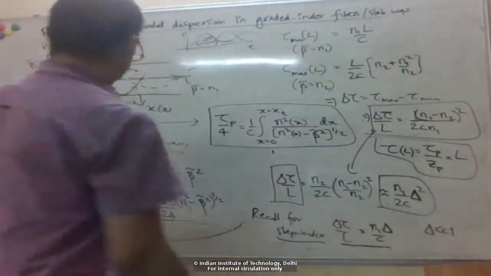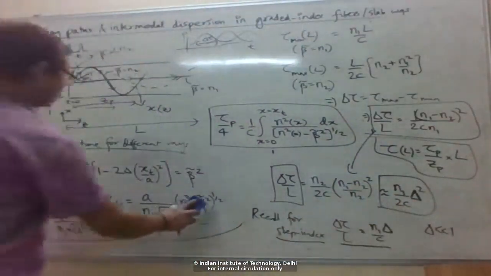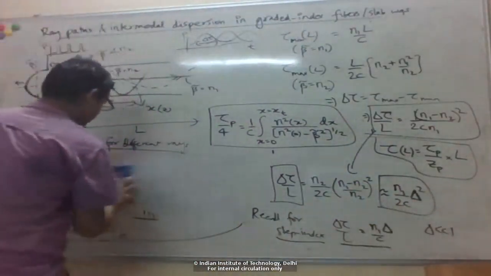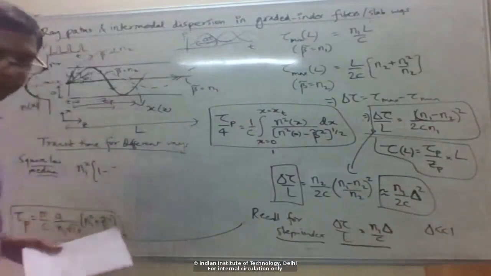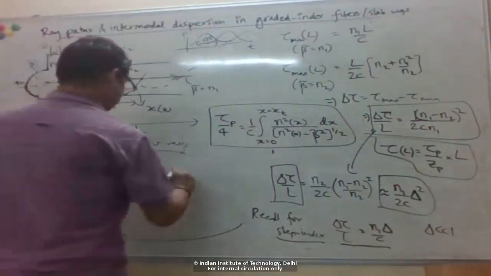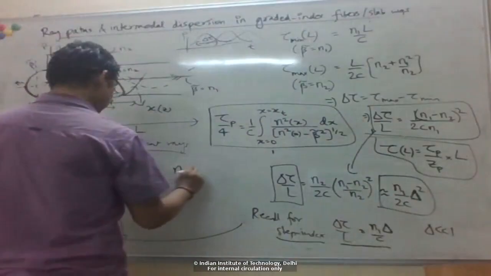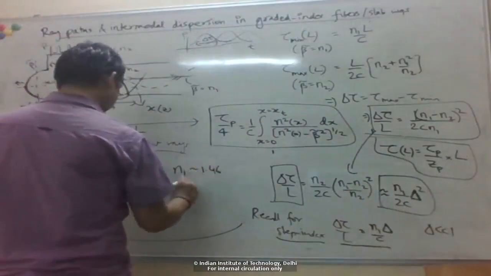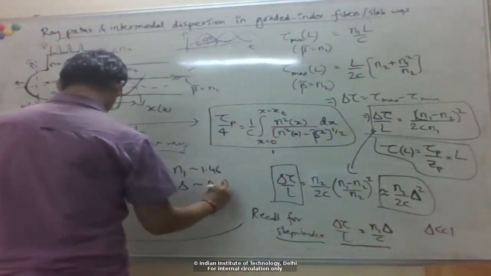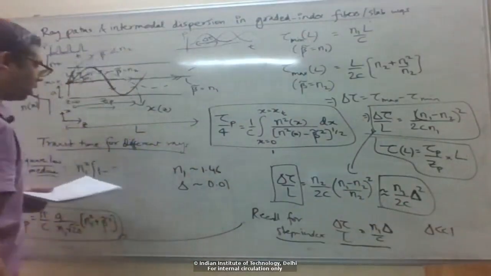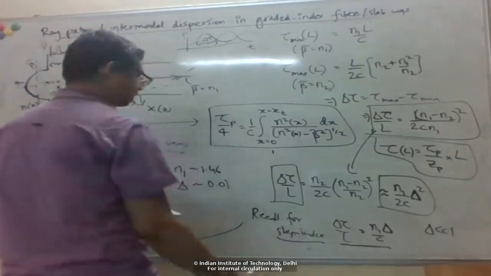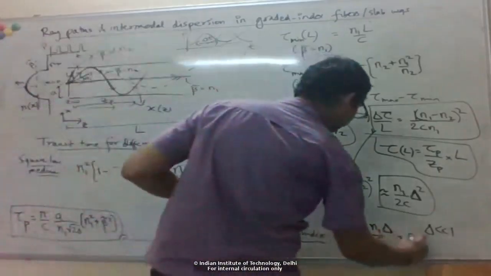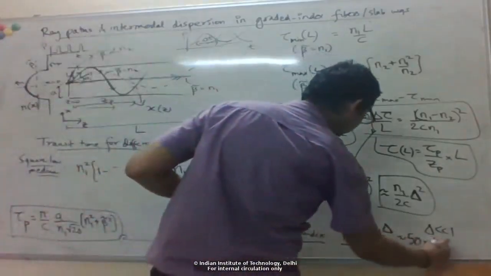So recall, if you put some typical numbers, n1 equal to 1.46, delta 0.01, for the step index it was about 50 nanosecond per kilometer.